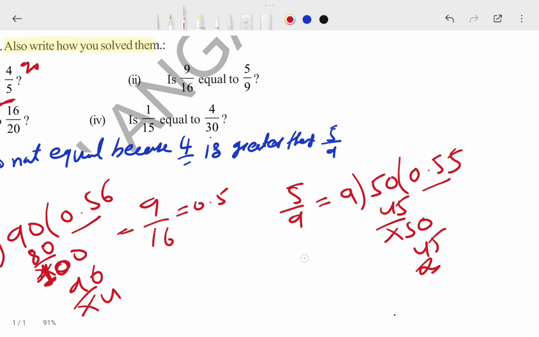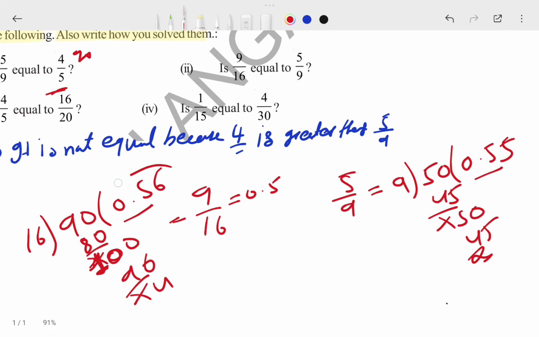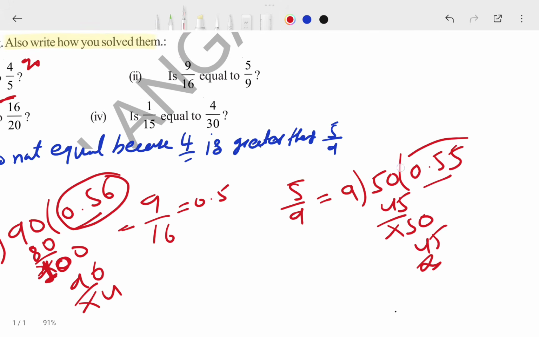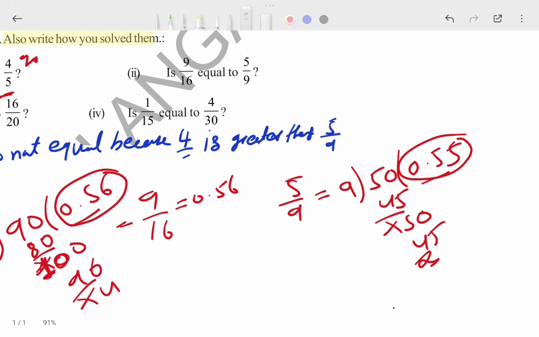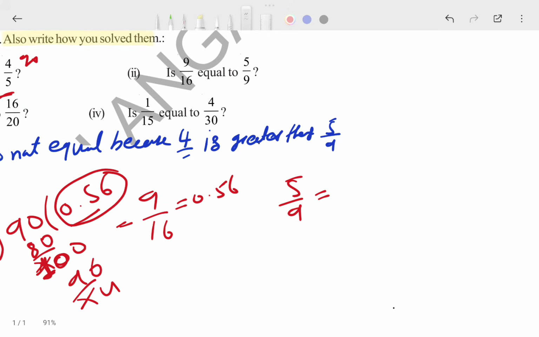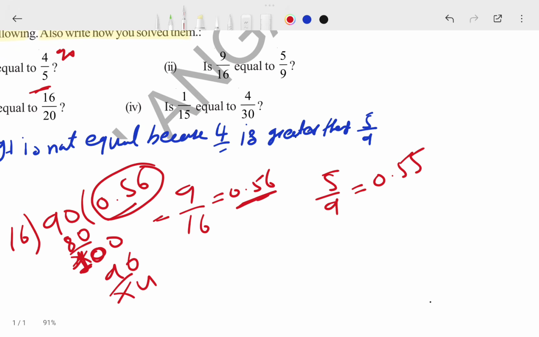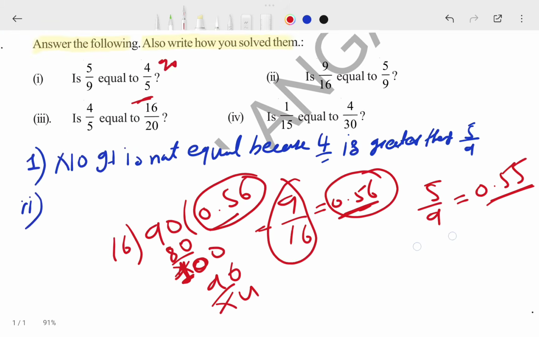What we are getting is 0.56 for this one, and 0.55 for this one. So which is greater, you can tell me, 0.56 or 0.55? Of course 0.56. So it means that 9 by 16 is greater here.